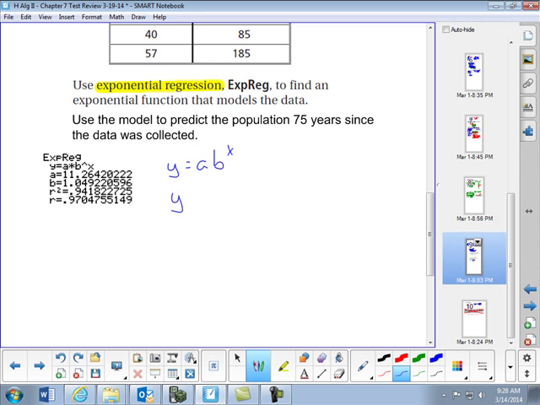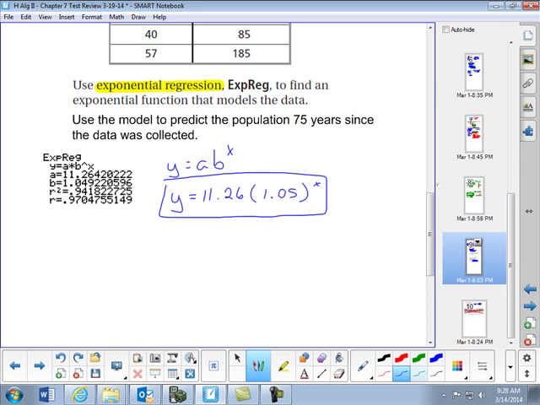Well, here's your a, so you have y equals 11.26 times 1.05, because I rounded, all to the x power. So here's your model, because it says you write the model. So here's the model. That's part 1.